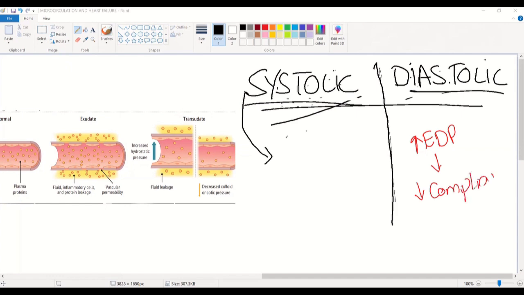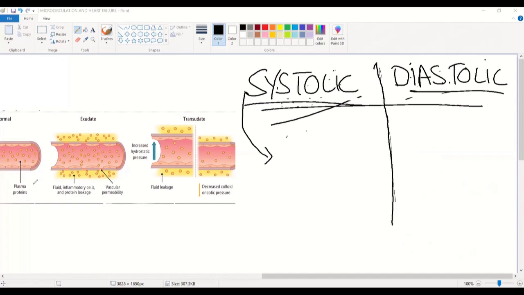Because the formula of compliance is delta V over delta P. So compliance is inversely related to pressure and directly related to volume. Pressure increases, compliance decreases, right? Yes. Okay.